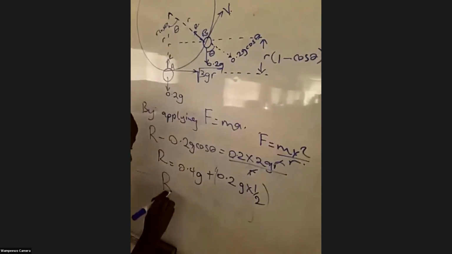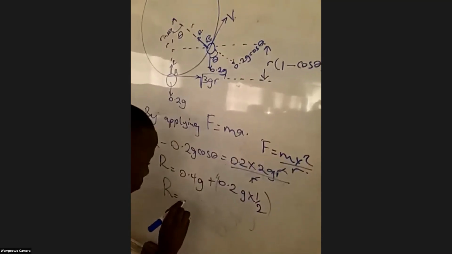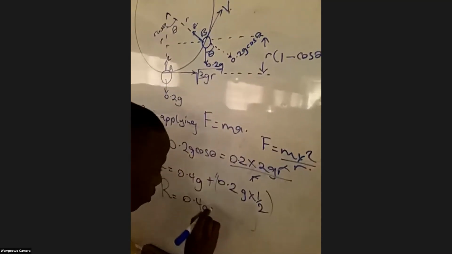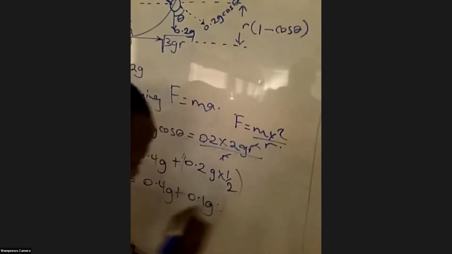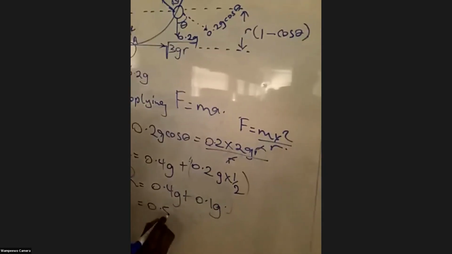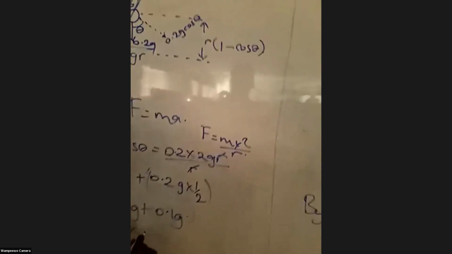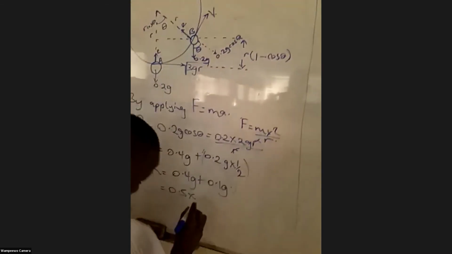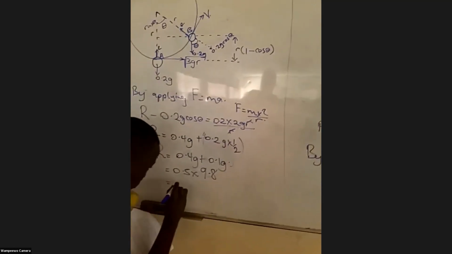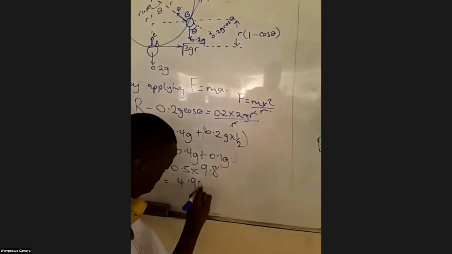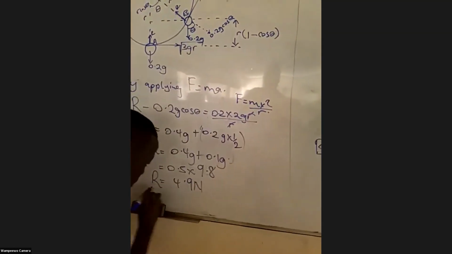I'm going to have my R as 0.4g plus 0.1g. So I'm going to have 0.5 times 9.8, which is our g, so I'm going to have 4.9 newtons, which is the force at that point.